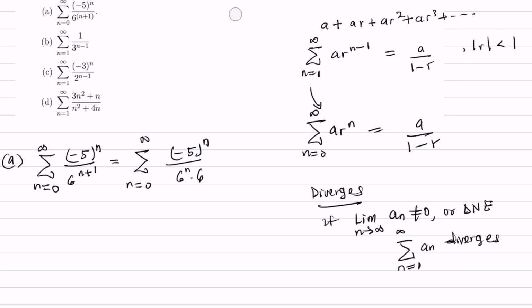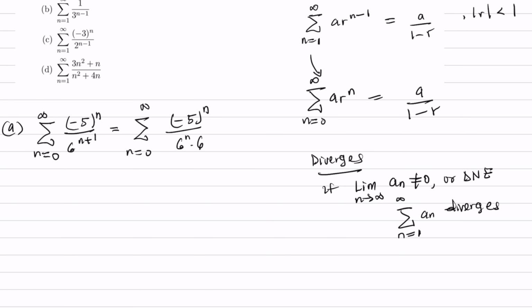All right, so let's come back to our problem. This can be written as the summation from n starting from 0 to infinity of 1 divided by 6 multiplied by minus 5 divided by 6, all to the power of n, right? You see that I've regrouped it to have everything all to the power of n. Do you understand?